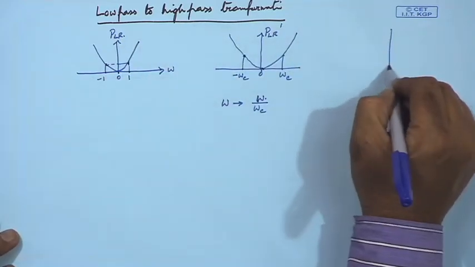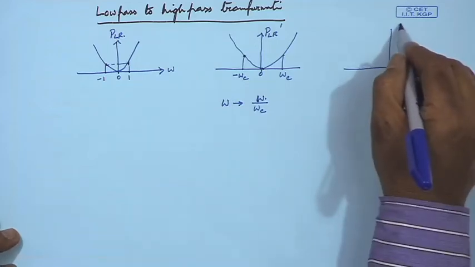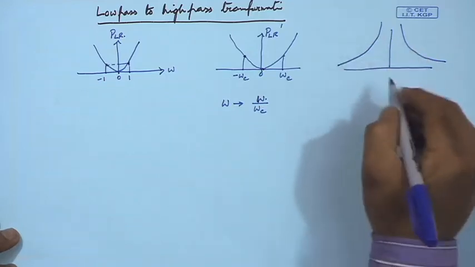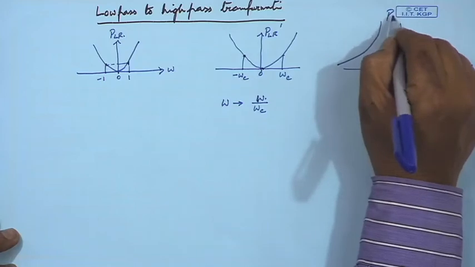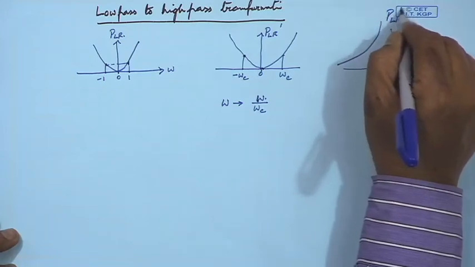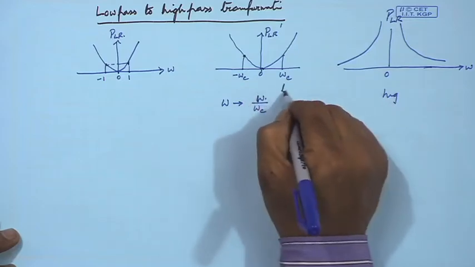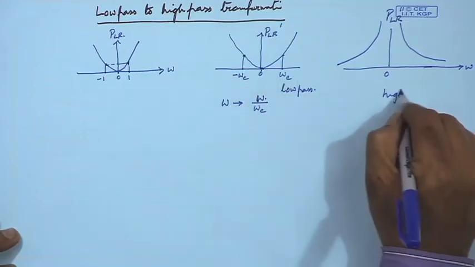That means what we want? We want high pass, which means the PLR should be like this, that this is our omega, this is the new PLR, you can say double dash. For high pass, this was still low pass with a changed omega c, but this is high pass.